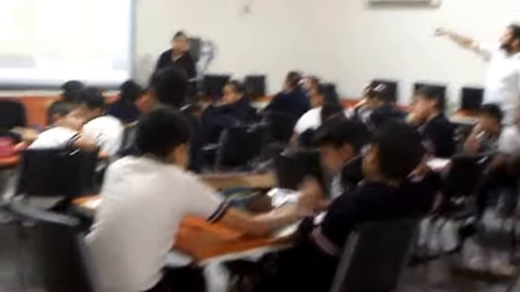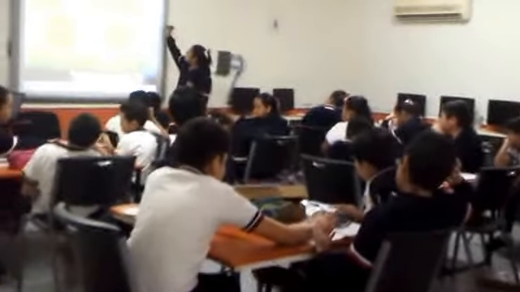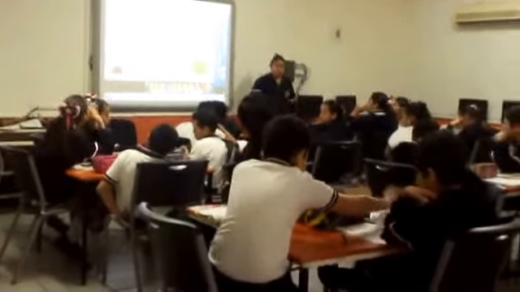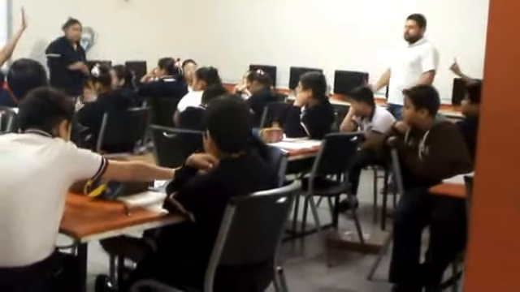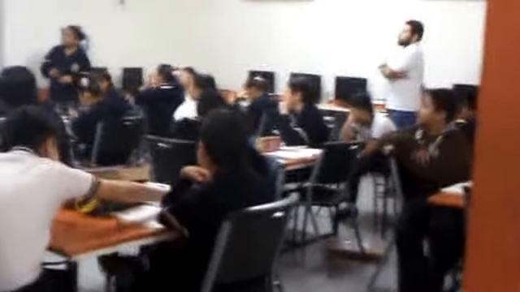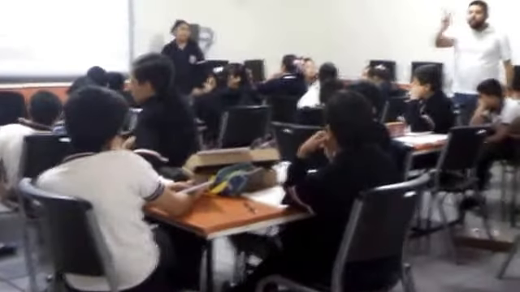Can you please click on the red face, please? Thank you. Synthetic materials. Okay? Can you help me to read, Diego? Diego, please. Okay, these are the two properties of plastic.